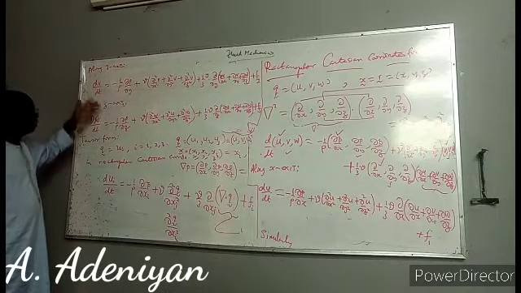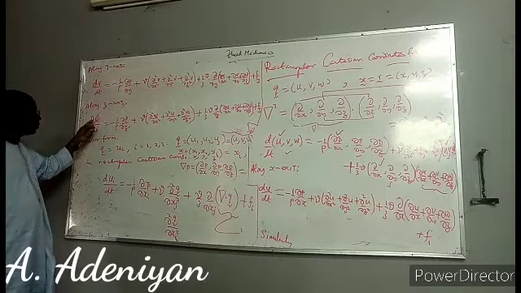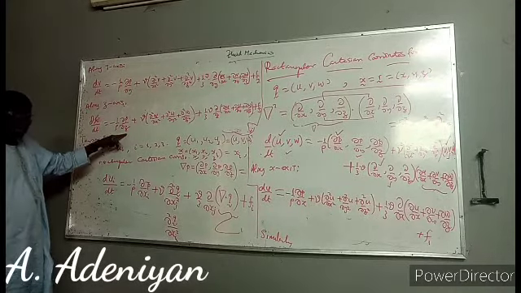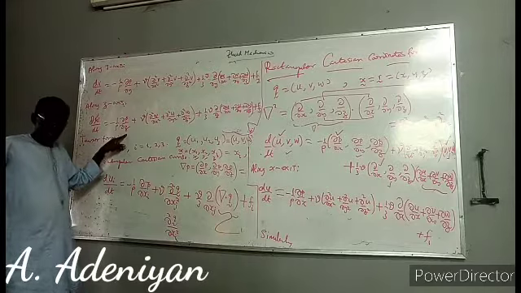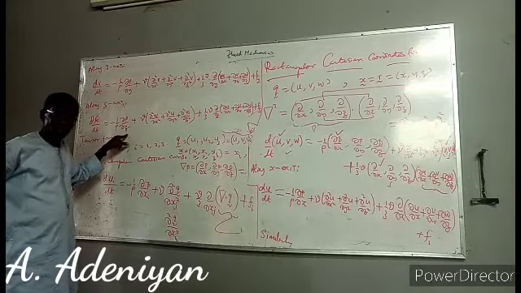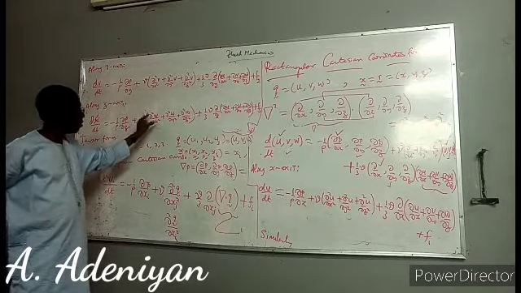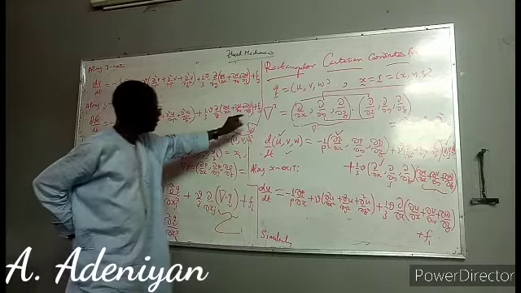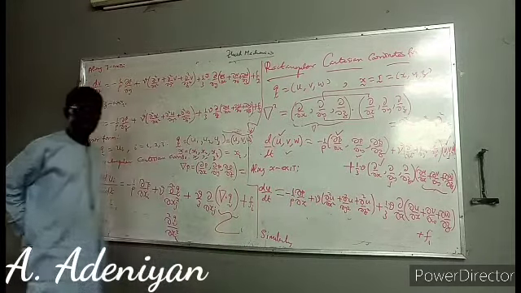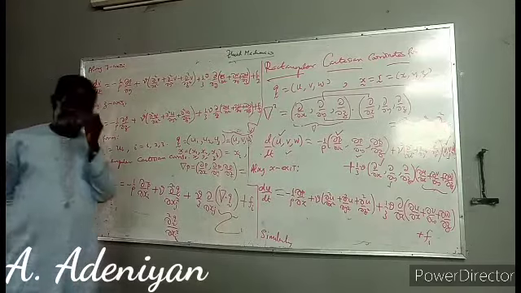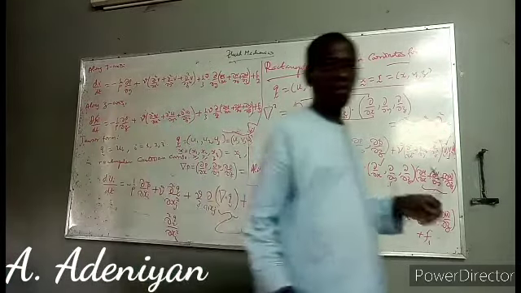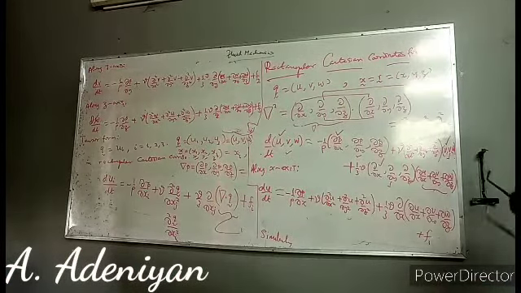Instead of U again, just put W. Then, because along Z axis, the differentiation is with respect to Z. And of course, just replace W, and now put it. So it follows the same trend. If you know one very well, others follow the same trend.